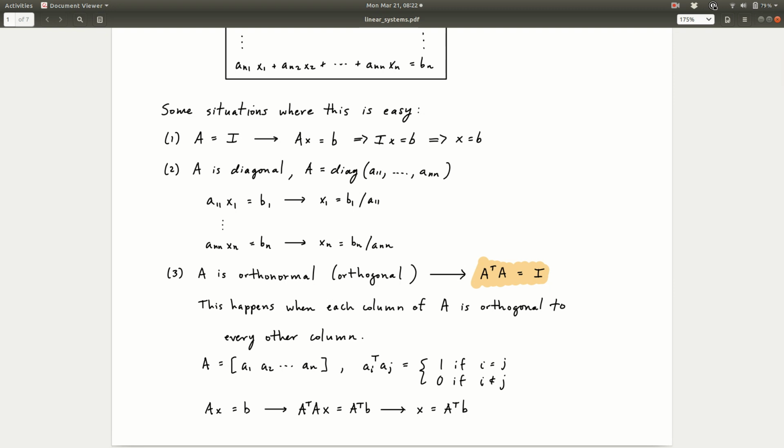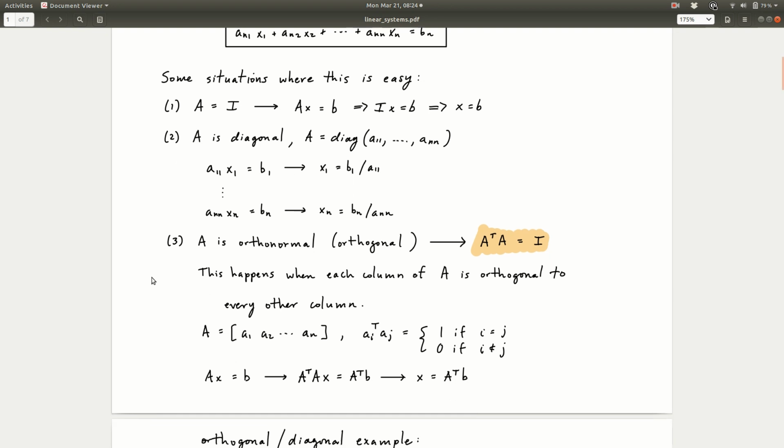All right, so that situation is really simple when you have a pretty special matrix A, which is orthonormal. Up next, we're going to look at a numerical example that combines situations 2 and 3.